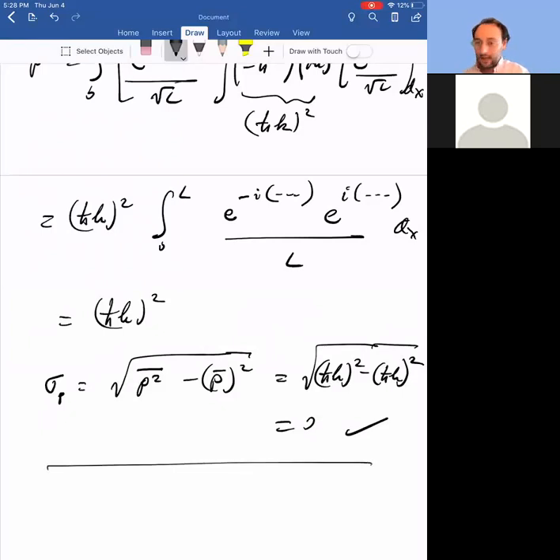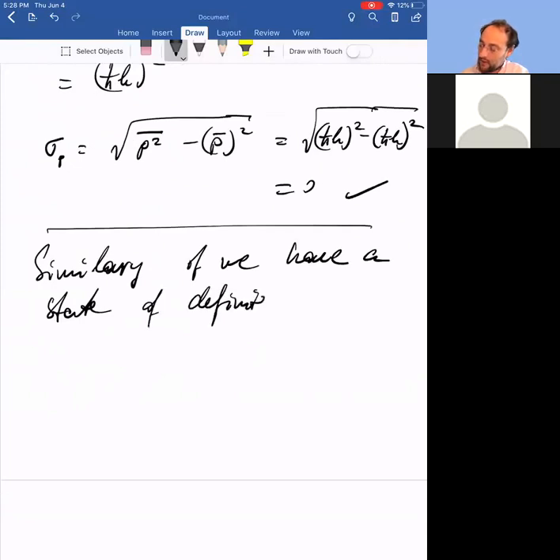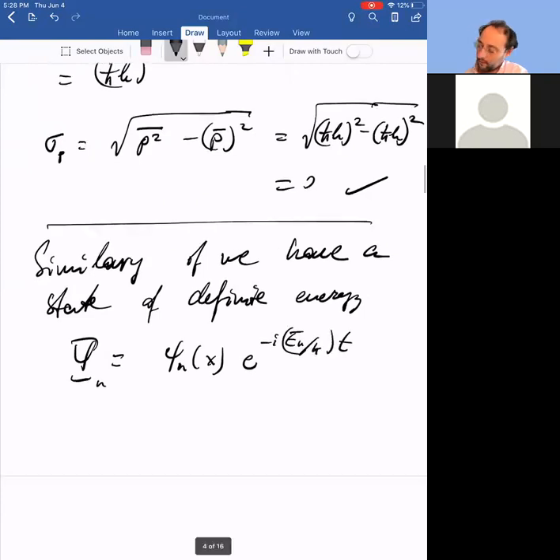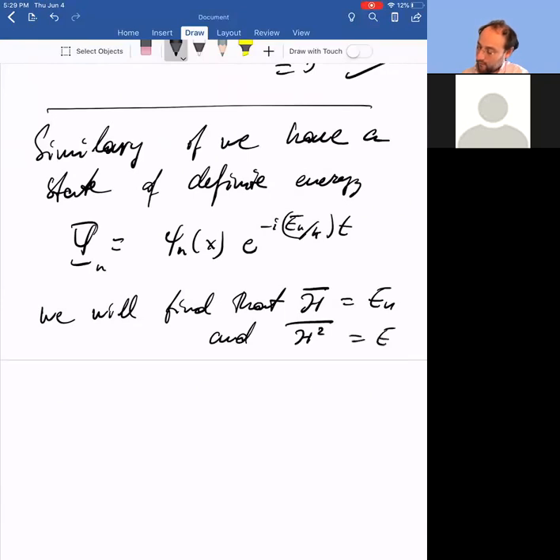Similarly, if we have a state of definite energy like this, you can try to compute the expectation value, and I'm not going to do this.